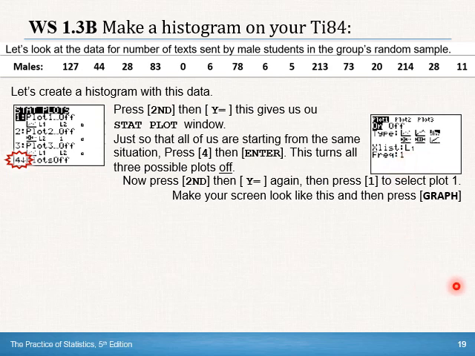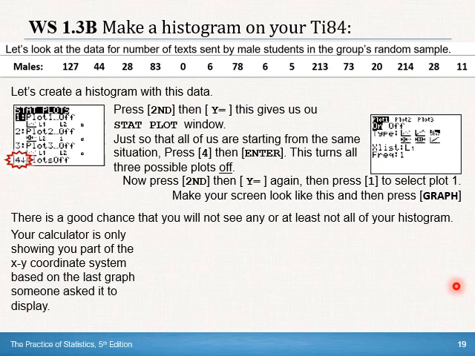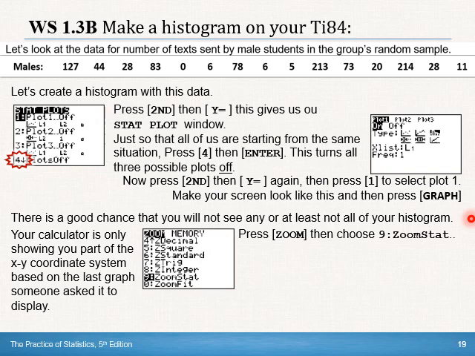All right, so now we hit graph, and you'll probably see that nothing happens because your window on your calculator is set up to show a certain range of your XY coordinate system, and your graph is not in that. So as a result, you should hit your zoom button, which is the top center button of your calculator.